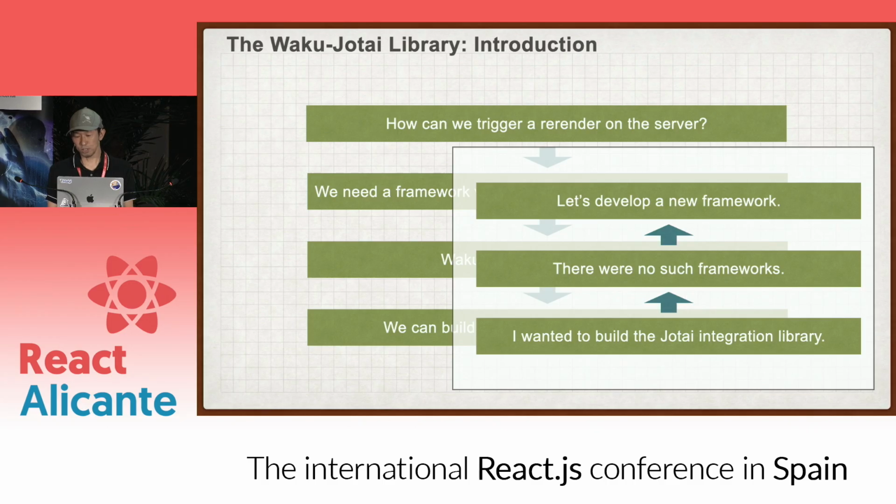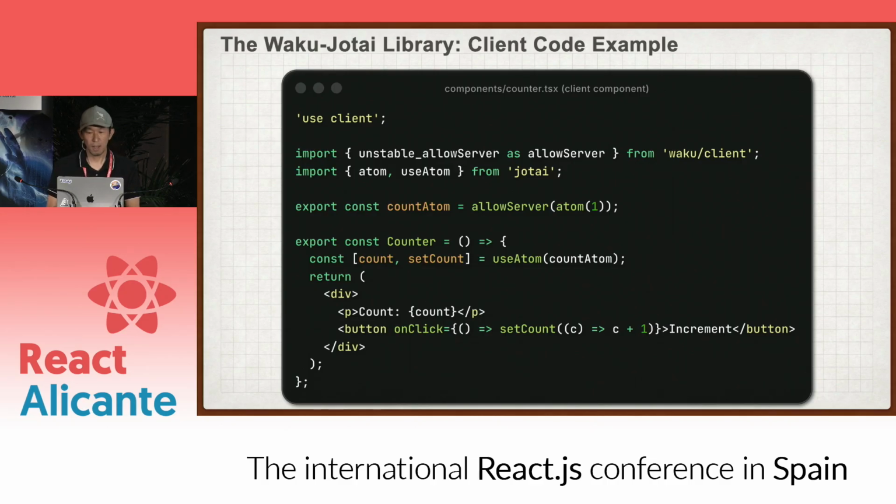Let's look at the source code snippet to see how to use Waku Jotai library. This is client code from the working demo. You'll see the use client directive at the top. We define an atom and a component here. The main thing to note is the allow server function.